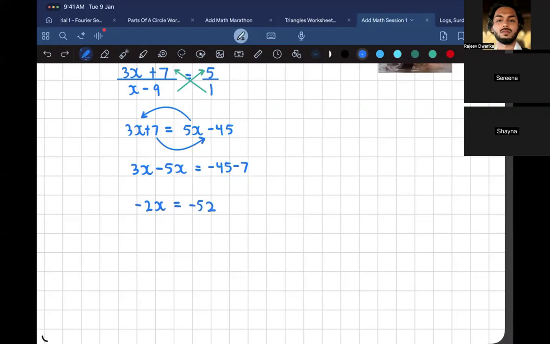If I have minus 2 by x and I move it across, if it was multiply before, it would turn to divide. So x would be equal to minus 52 over minus 2. Either one is correct. Negative divided by negative is a plus. And 2 into 52, that's 26, I believe.